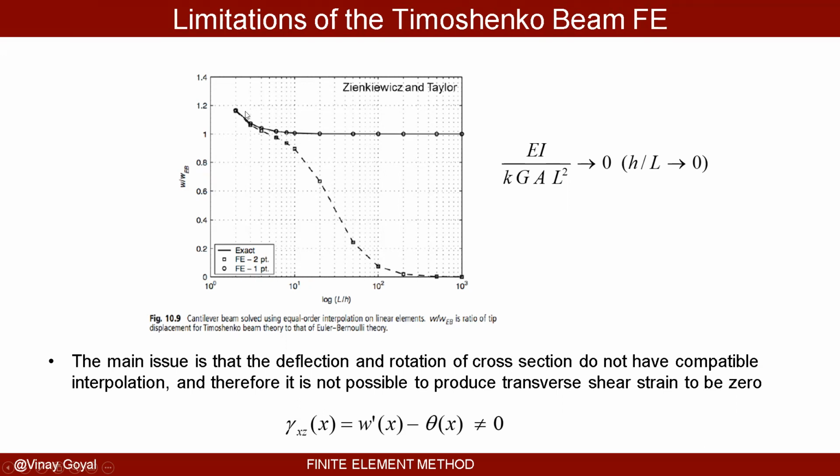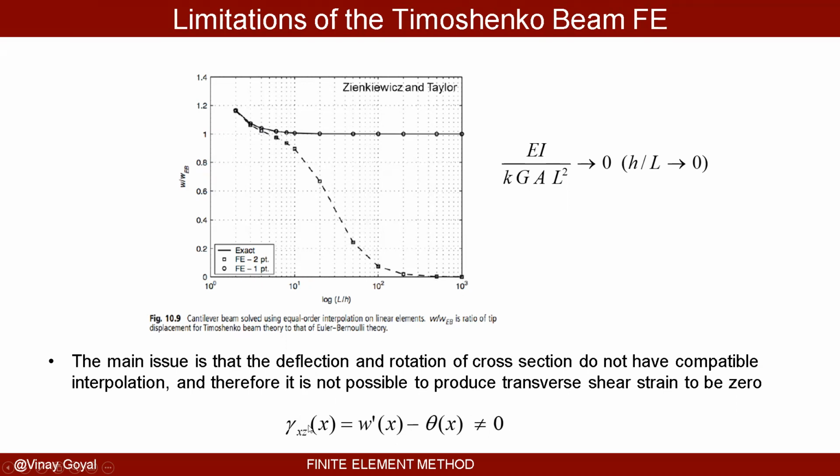But as the beam becomes thinner, things start to fall apart. The deflections in Timoshenko are almost zero, and I'm not doing really well here. So the main issue is that the deflection and rotations of cross section do not have compatible interpolation. And so therefore it's not possible to produce a transverse shear strain of zero.